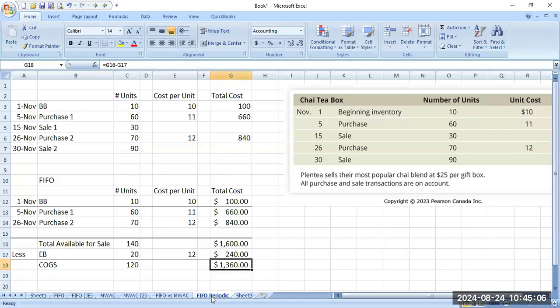Very simple. I'm going to copy this first in, first out and move it here. Let's label it first. In this case, that will be the weighted average cost under periodic system.